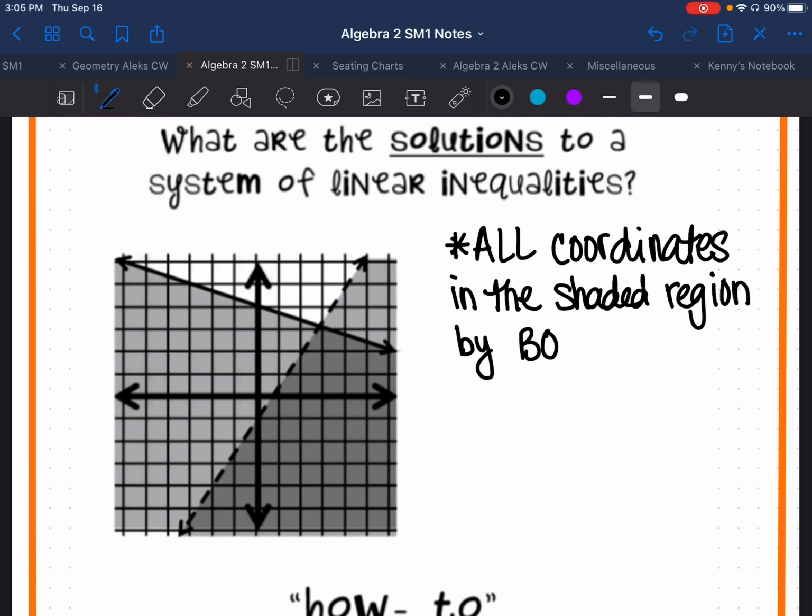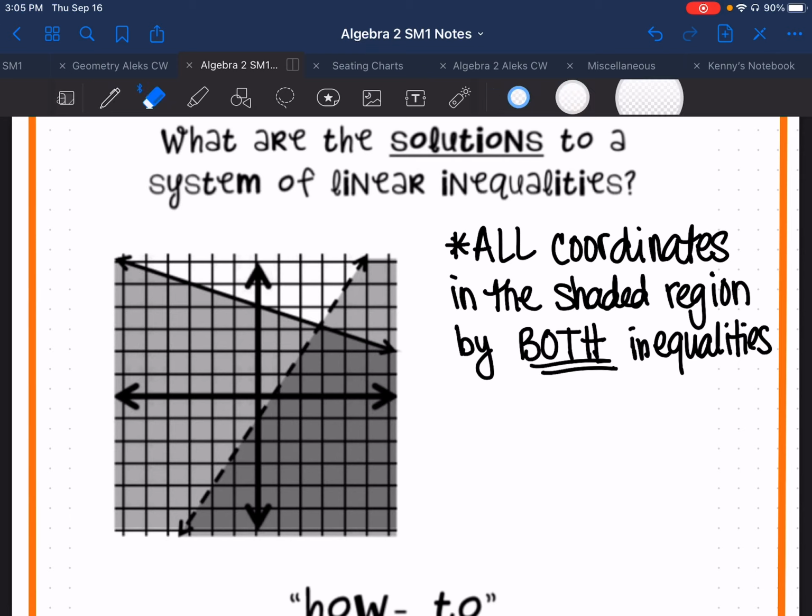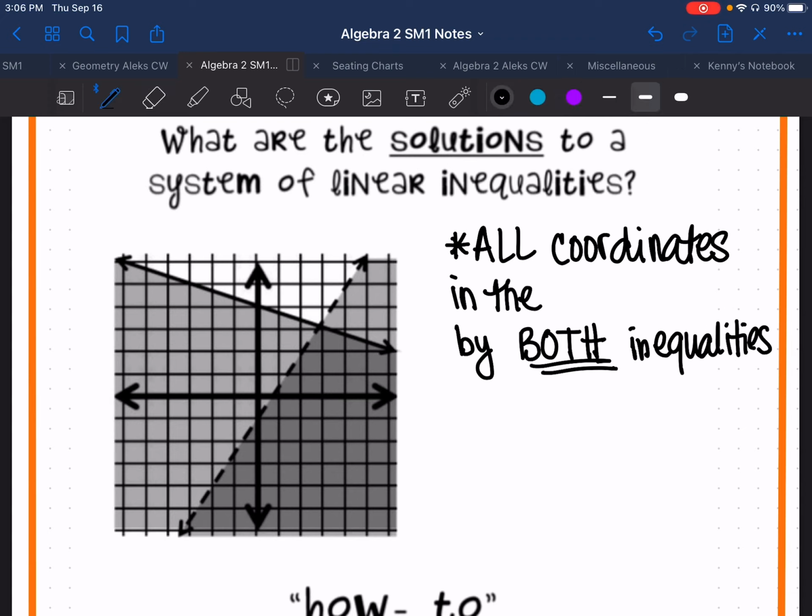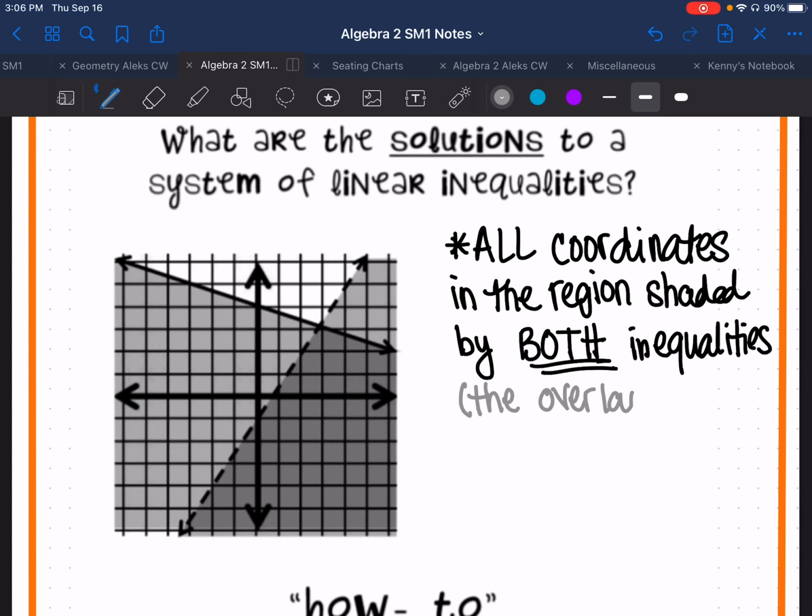Let's grab this. I think it would make more sense if we said the region shaded by both my inequalities. It has to be the overlap. The parts where your two colors are intersecting each other.